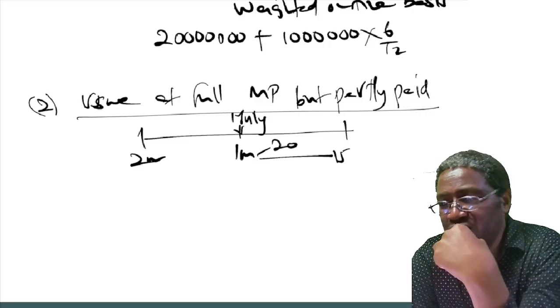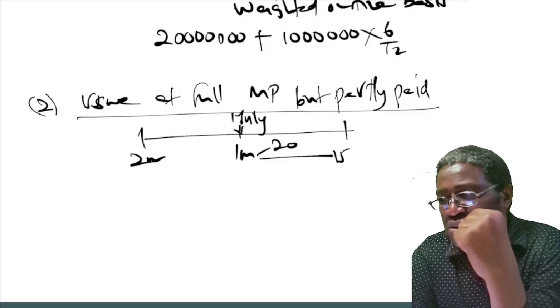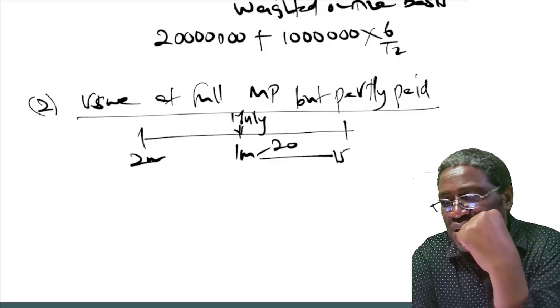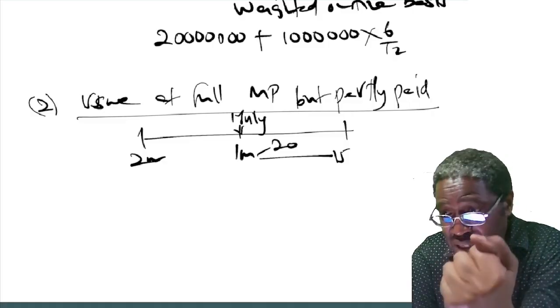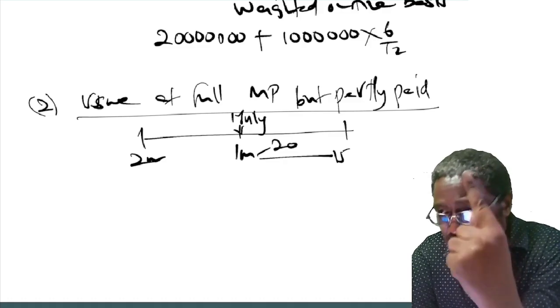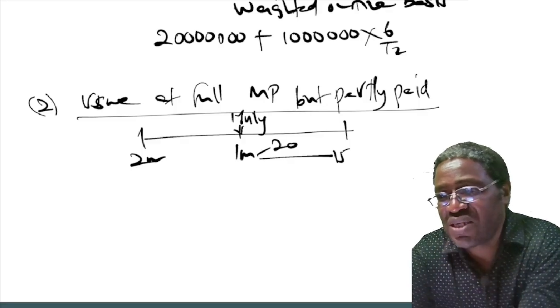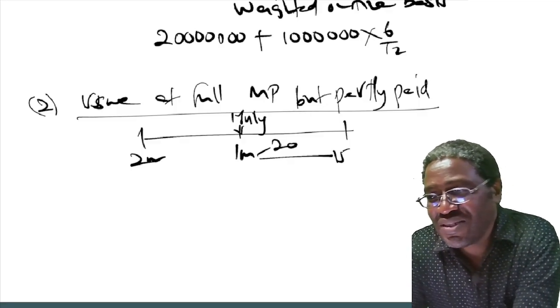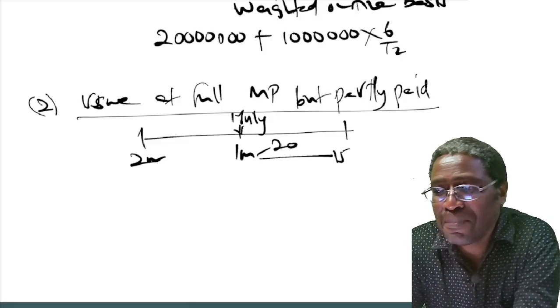Somebody put down the key important point. When shares are issued at full market price and they are partly paid, how do you use them? What's the key important point? I'm waiting for somebody to put down the answer now that we are revising.